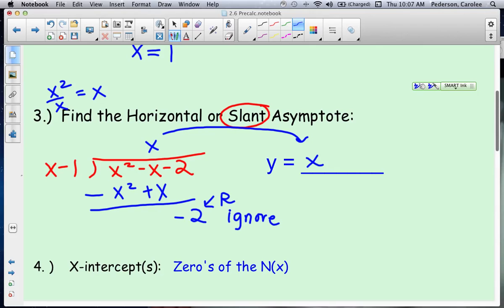Whatever's up on top here is what your slant asymptote will be. And it'll be in the form of a line equation, in the form y equals mx plus b. So, or y equals x plus 0, where this is going to be your slope, and that'll be your y-intercept that we'll graph later on.